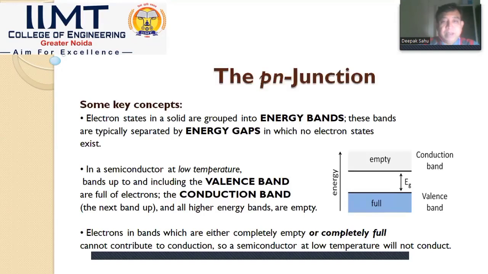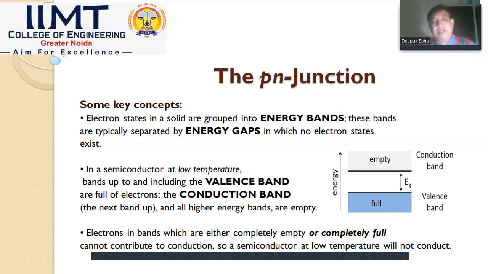Now, PN junction. Primarily we will talk about PN junctions using some keywords such as energy bands and energy gaps. This is basic information, and then we will combine it with the junction.